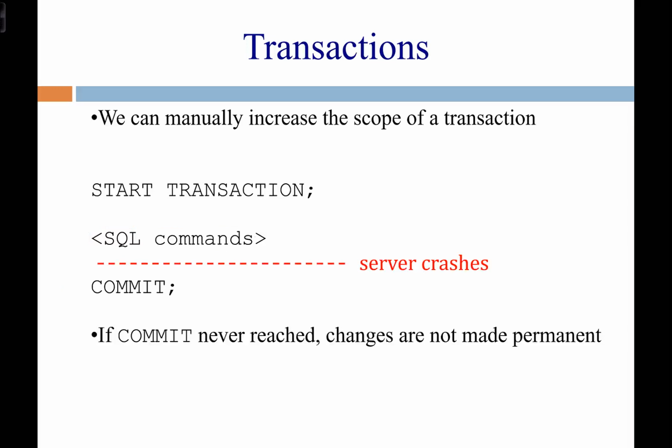So if something goes wrong in between the start and the commit, then it's as if nothing ever happened at all. If the commit is never reached, then the changes are never made permanent. So even if a couple of the SQL commands completed, any progress they made will be completely undone, and the database will be left in a consistent state as though the transaction never happened.